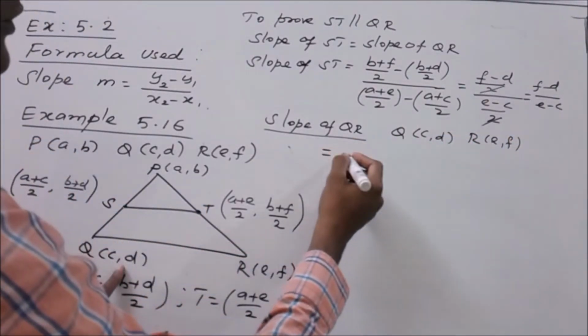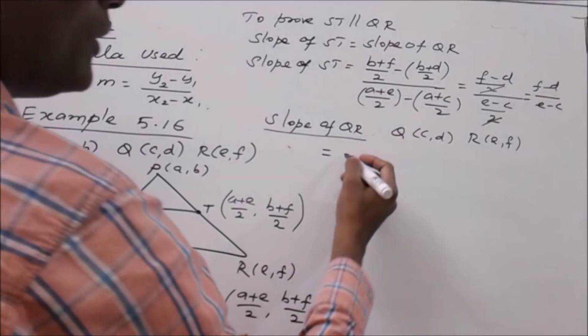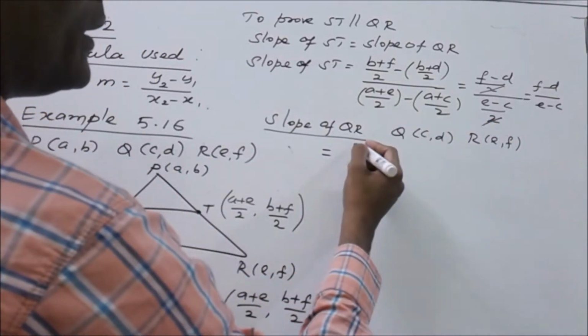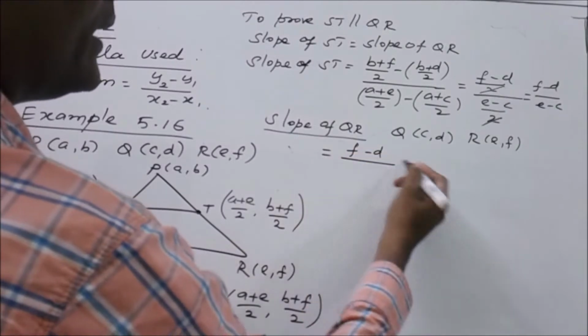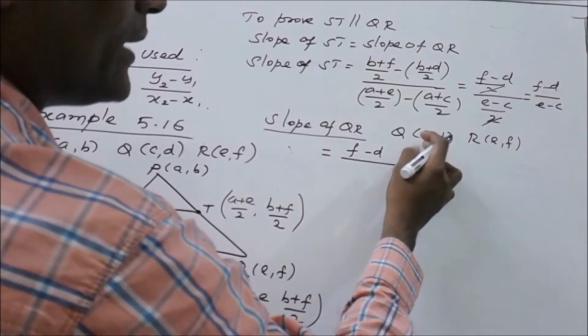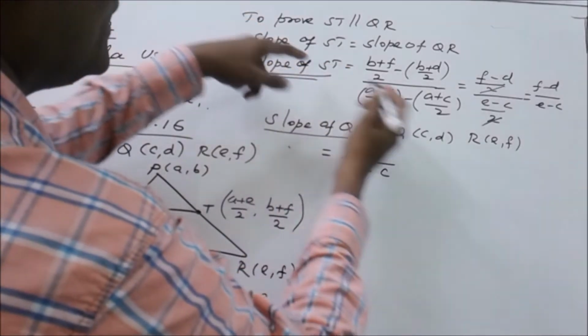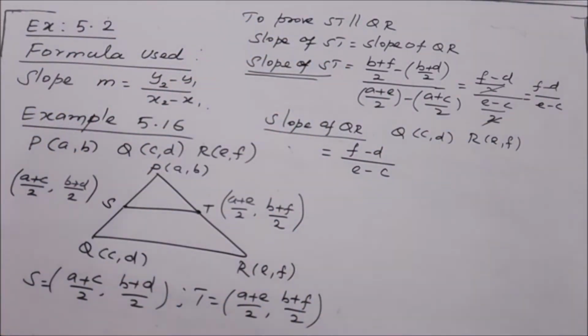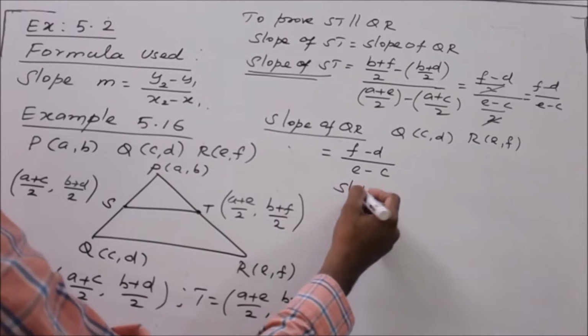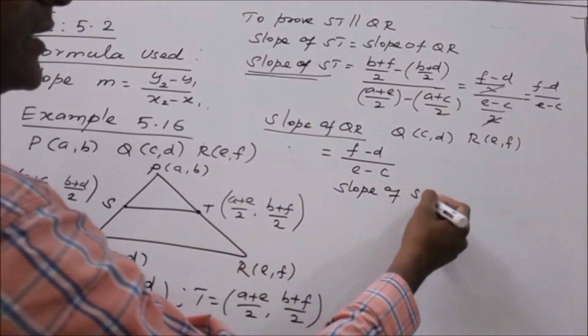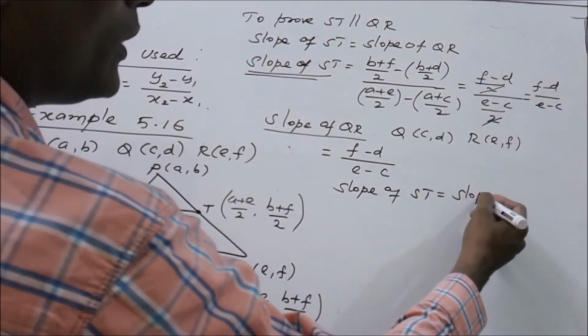So slope of QR equals Y2 minus Y1, F minus D, divided by X2 minus X1, E minus C. This means slope of ST equals slope of QR.